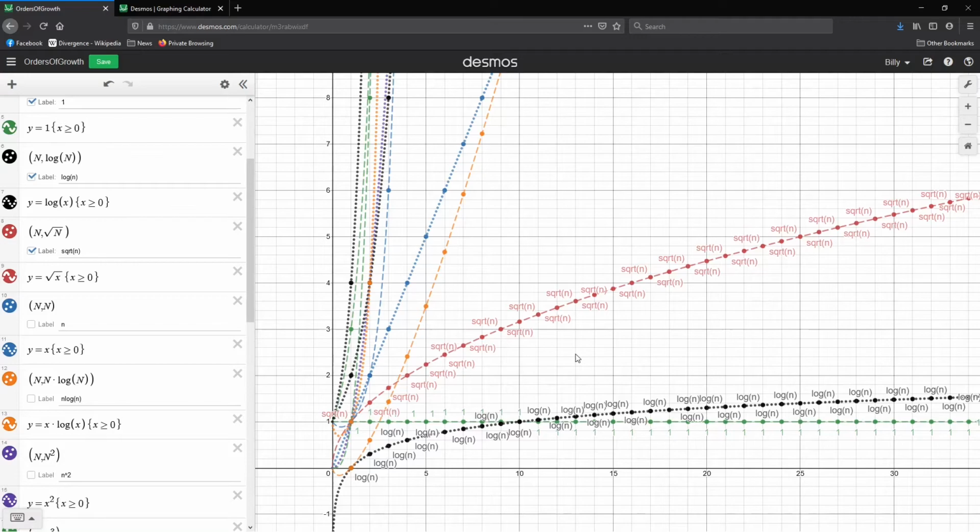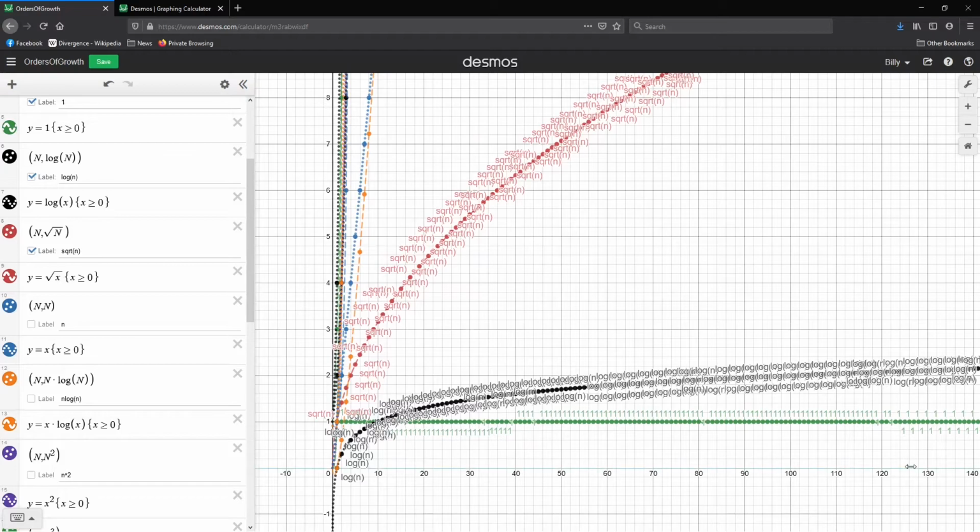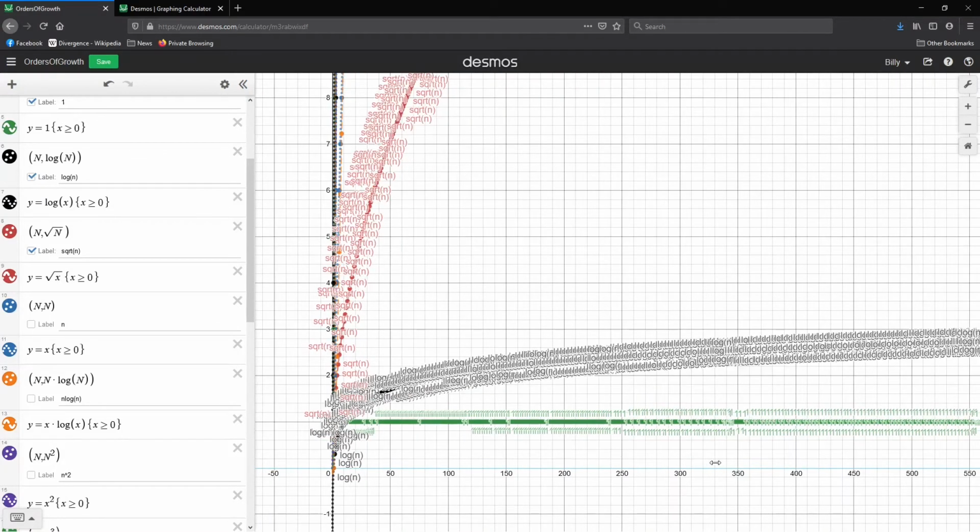And you see very clearly that eventually, once we pass n equals 10, the log n function is staying above the constant function 1, and below the function square root of n. It's bounded above by square root of n, and this is the case regardless of how far out you choose to go for these functions.